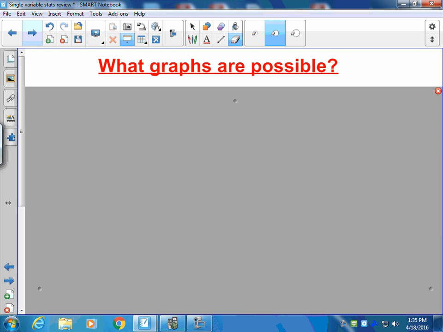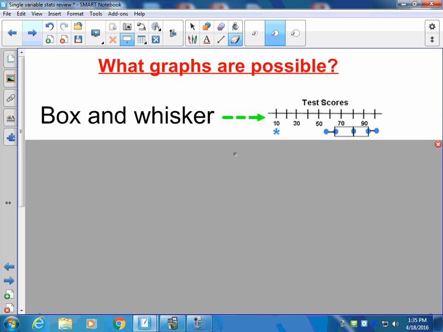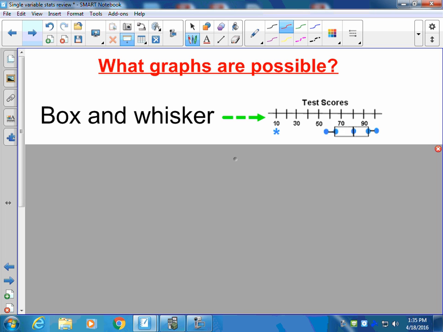So you have to be over the fence to get there. Now, what graphs are possible? What graphs might you be required to make as a part of one of these problem sets? You might have to do a box and whisker. Remember what a box and whisker shows: it shows 25% chunks of your data.